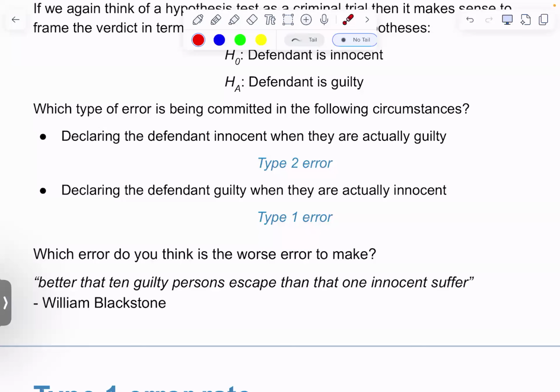And so the idea is, declaring someone guilty when they're actually innocent is worse than saying, okay, you're innocent when they're actually guilty. And so by this, a type 1 error would be considered worse. Saying that there is evidence of something when there isn't is generally considered worse.